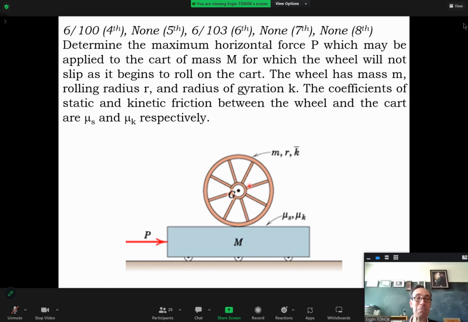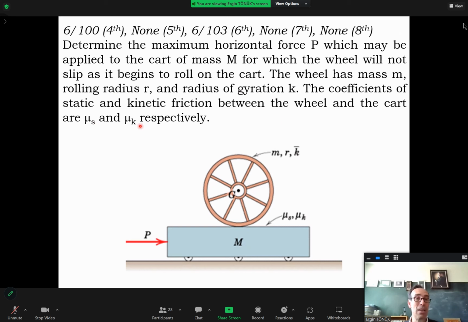But it shouldn't slip. The wheel has a mass lowercase m, rolling radius r, that is the radius of the wheel is lowercase r, and radius of gyration about its mass center k. The coefficient of static and kinetic friction between the wheel and the cart are mu s and mu k respectively.